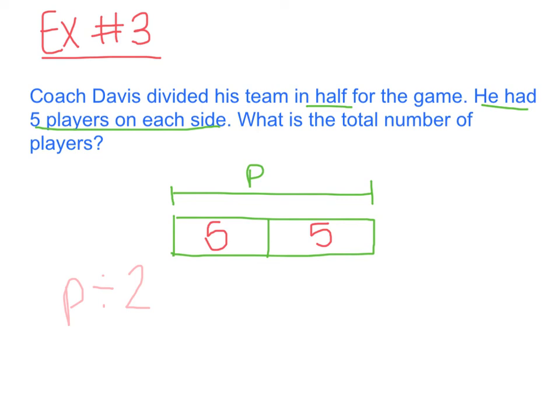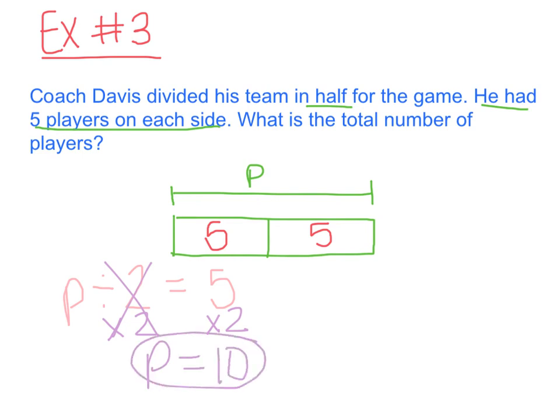He divided them up in half, equals 5, because that's how many people are on each side. So to solve, we do the opposite. So we multiply by 2. And we get P equals 10. So there's 10 players in all.